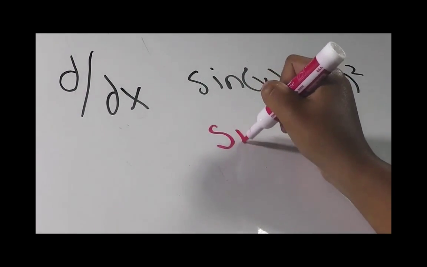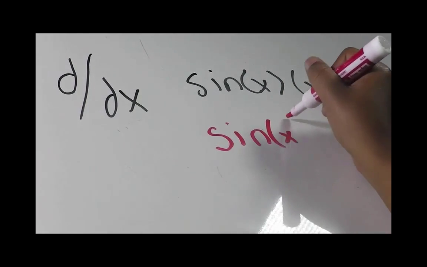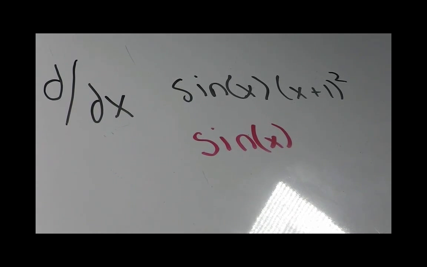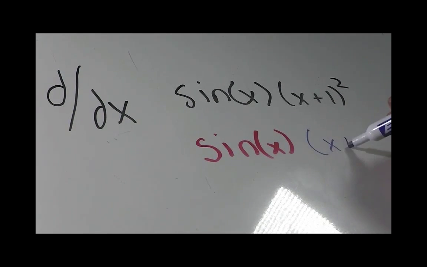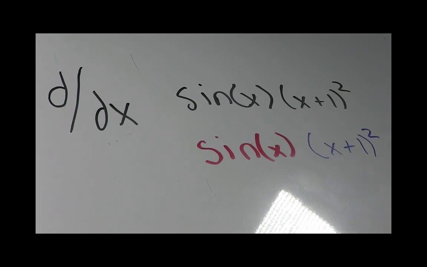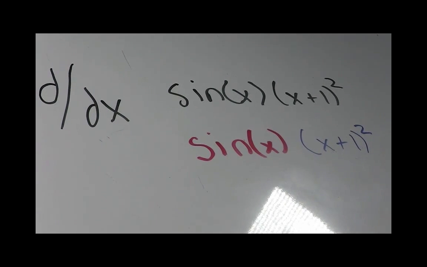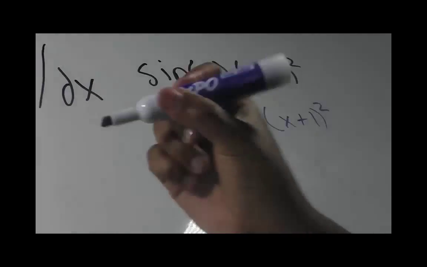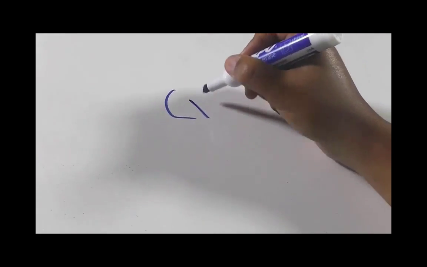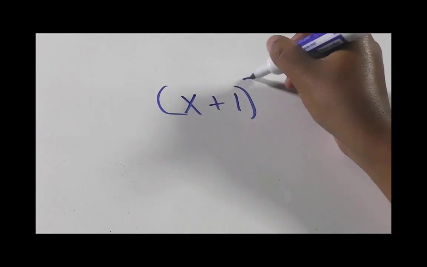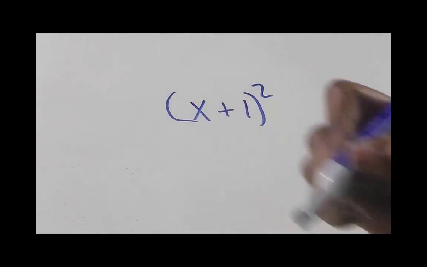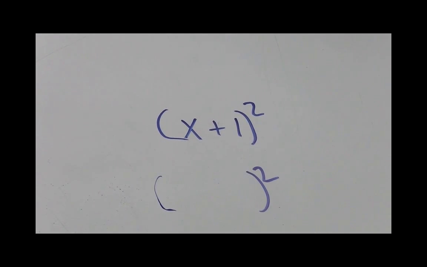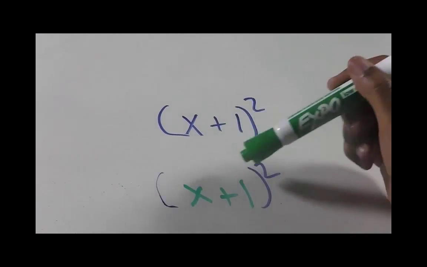We're doing the product of sine of x times (x plus 1) squared. But (x plus 1) squared, I will just go over here to show you, is actually the chain of two functions.